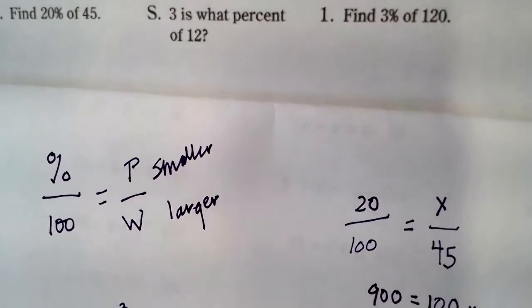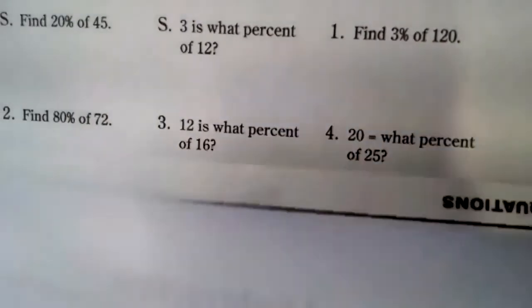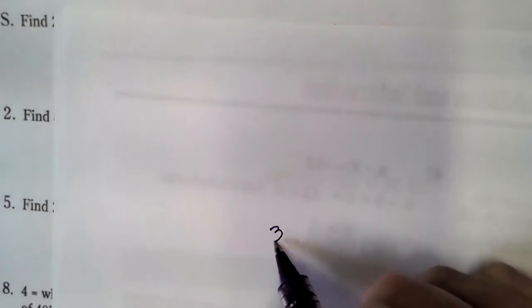All right, now I'm going to show you what to do when you just want to find a score. So let's say you took a test that was worth 32 points. That's your total. Now, let's say you took that test and you scored a 27.